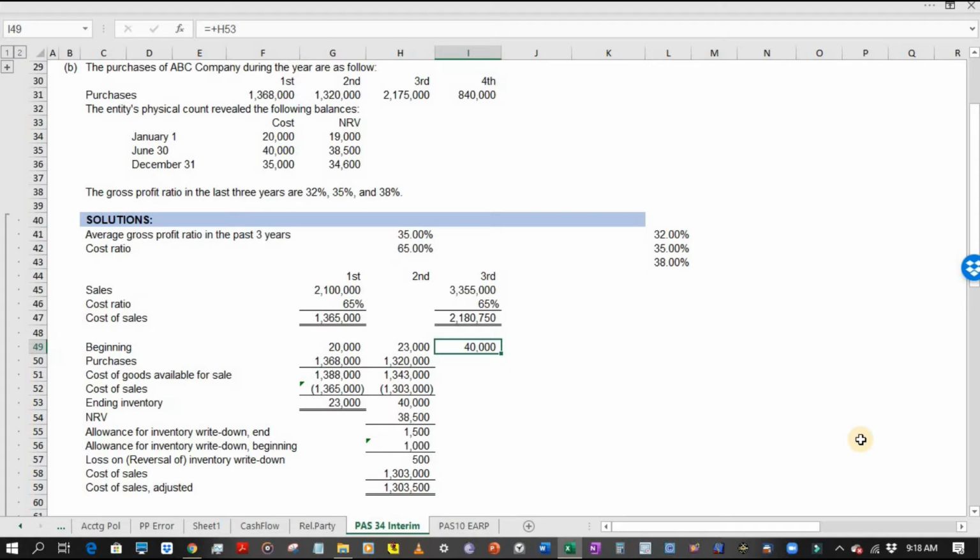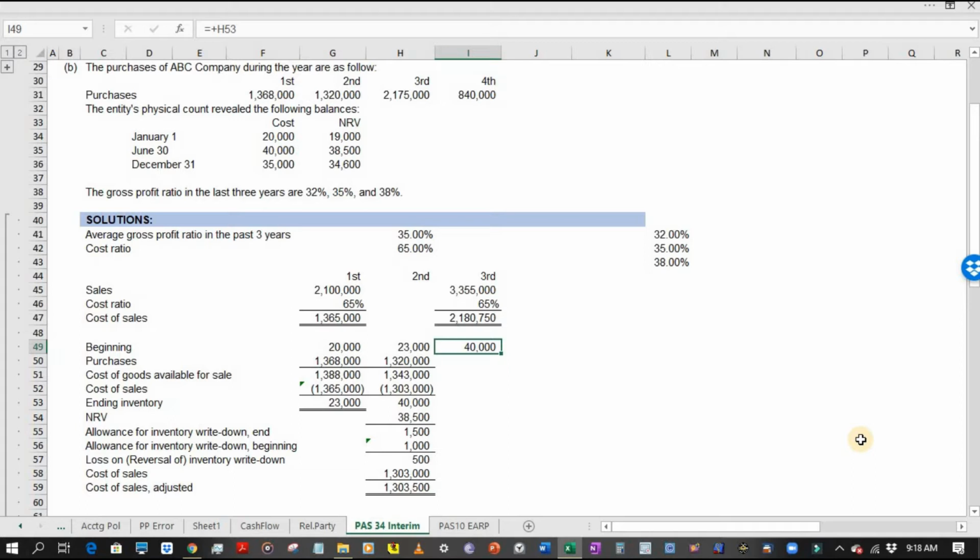However, for the computation of the cost of sales, we are still going to use 40,000 pesos if we are using the allowance method. Always remember that before we compute for the adjusted cost of sales, the initial cost of sales must be based on the cost of the inventory, not the lower amount.